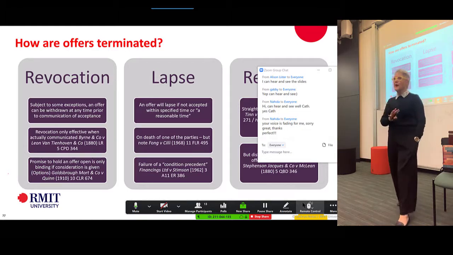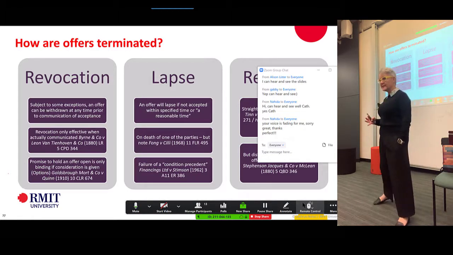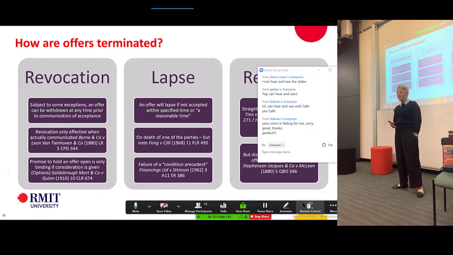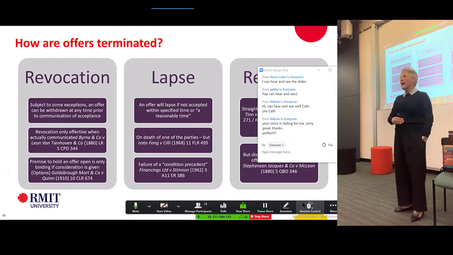And depending on how you phrase it, if you're just requesting information, would I hold the offer open for 2 weeks? Would I be prepared to take the money in 2 weeks' time? Or if you are actually making a counter offer, will depend on whether the offer itself has been rejected.